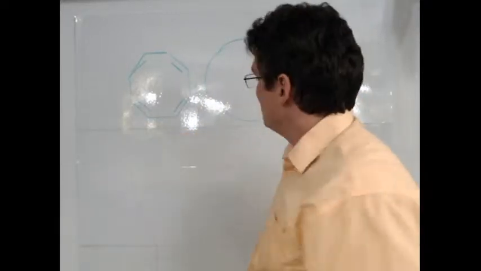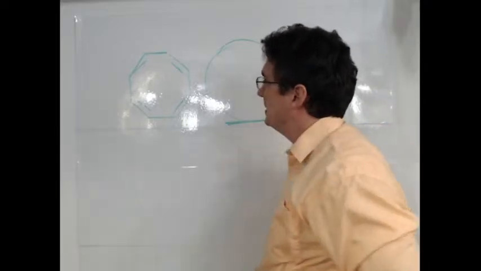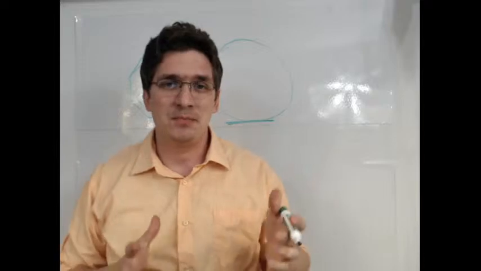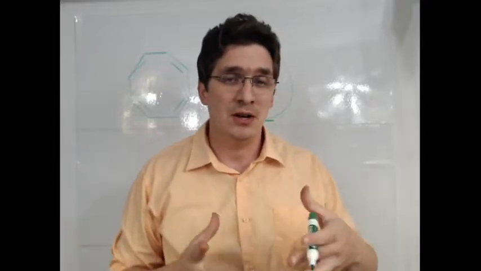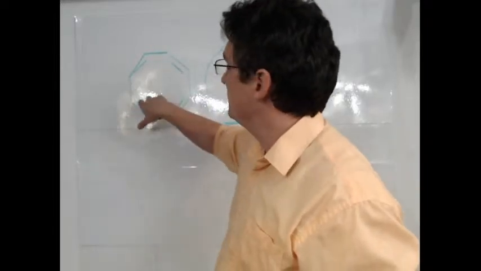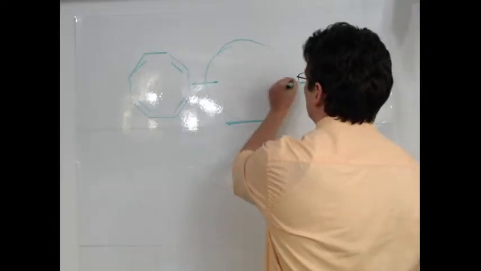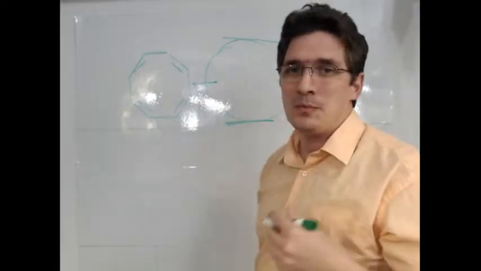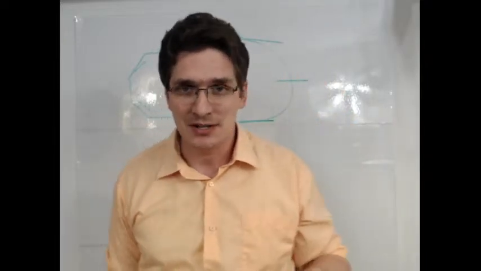For the Frost circle, we're always going to have our lowest energy orbital at the bottom of the circle. We're going to count up the number of pi orbitals and lone pairs that are used to generate the conjugated pi system. So we have 1, 2, 3, 4 pi bonds. So we have 1, 2, 3, 4 molecular orbitals that will contain these conjugated pi electrons.